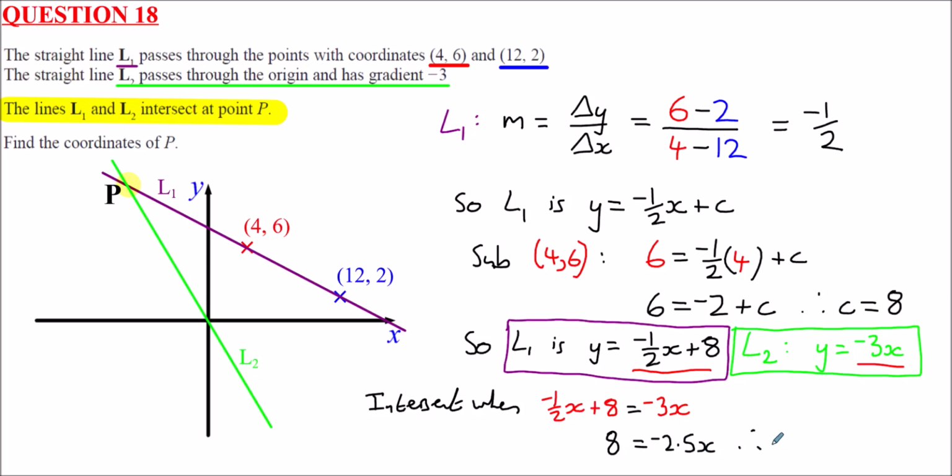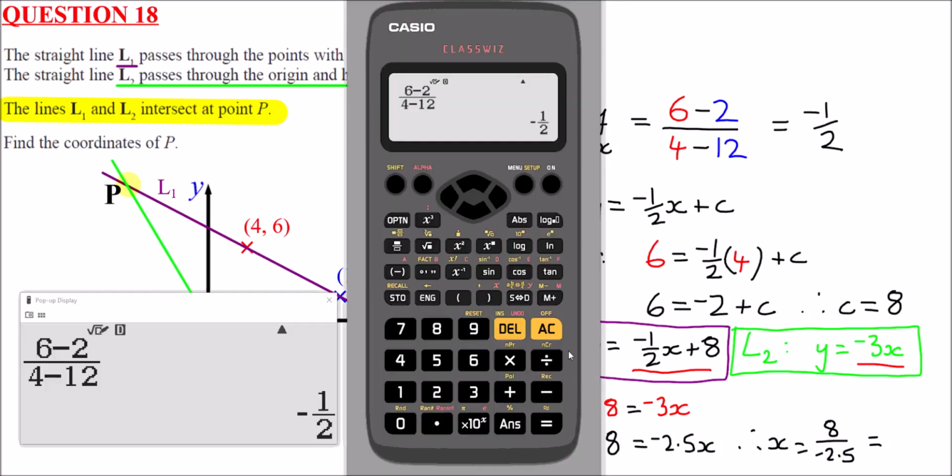So therefore, the x-coordinate where they intersect is 8 divided by minus 2.5. If we try that, 8 over minus 2.5 gives us minus 16 over 5.